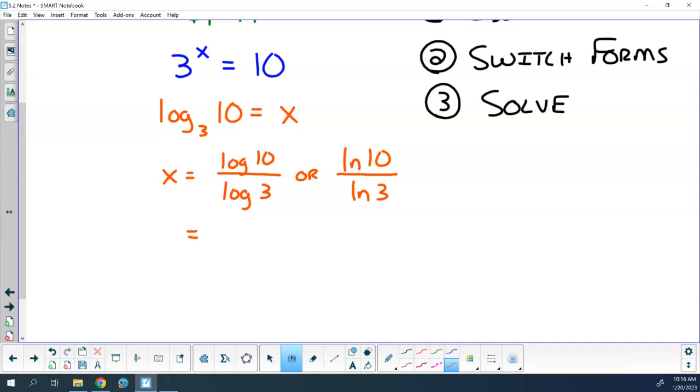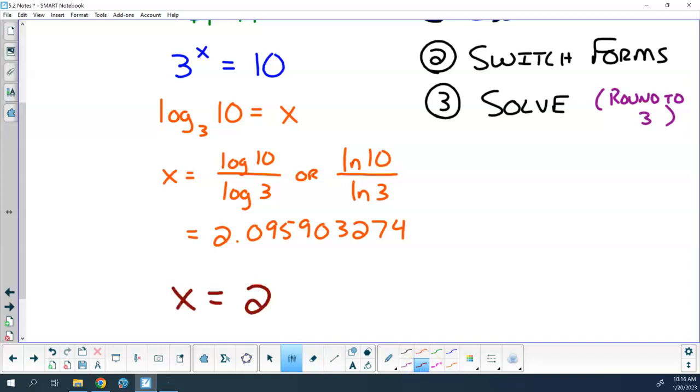I get 2.09590327, which then will round, so I get that.